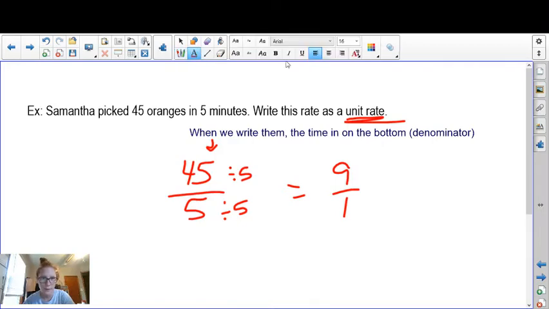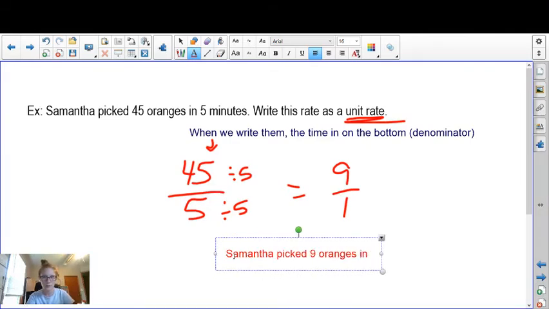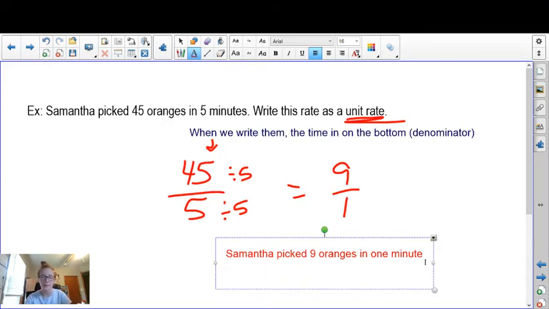So we can say that Samantha picked 9 oranges in 1 minute. Or another way to write this, something that people do more commonly, is writing it shorthand.